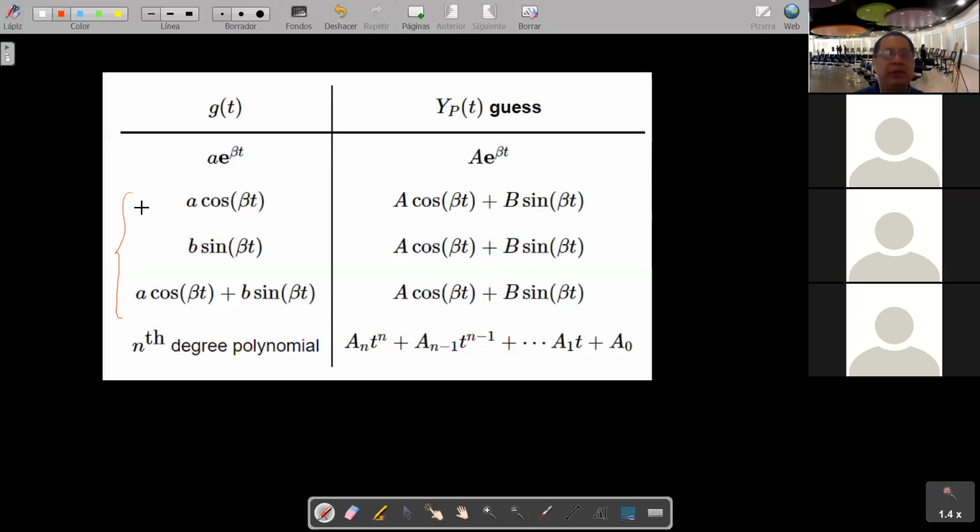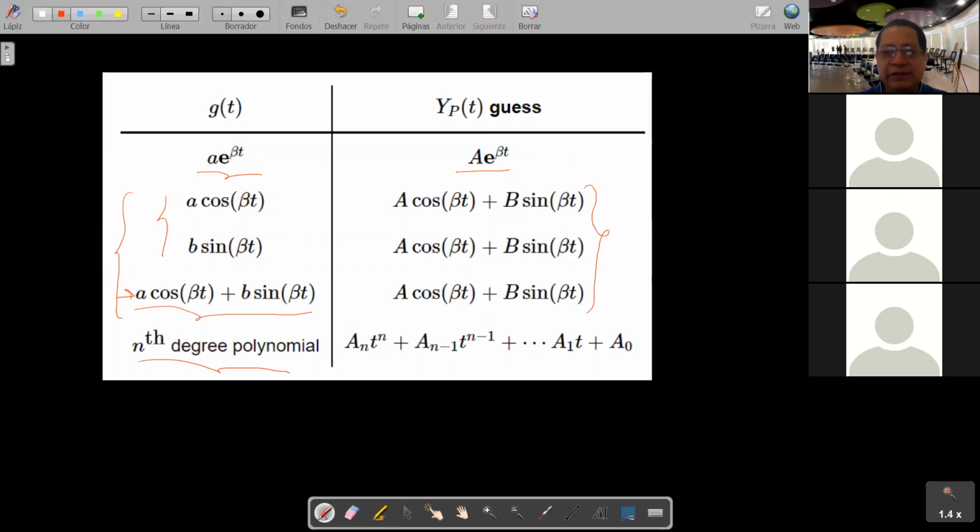These two are just a special case where A or B is equal to 0. So this is one kind of function, this is another one, and this is the third one. Three basic kinds of forcing function where we can use the undetermined coefficient method. And this is our guess for any one of them.